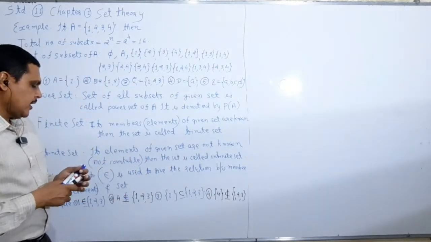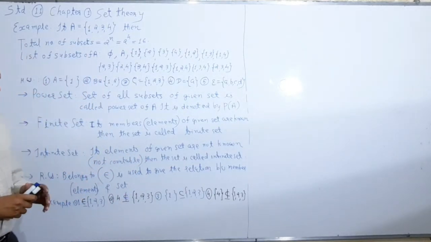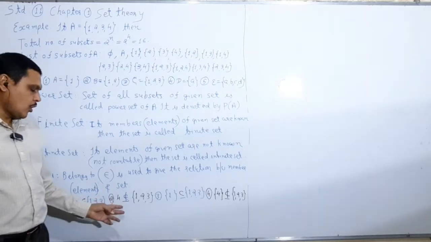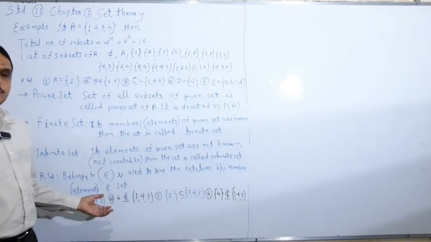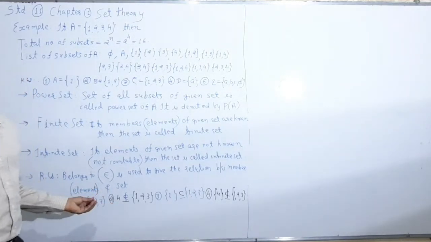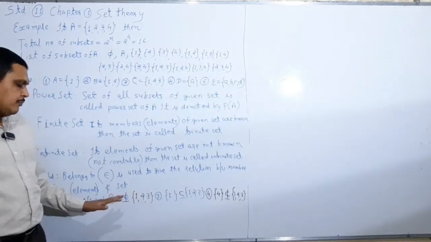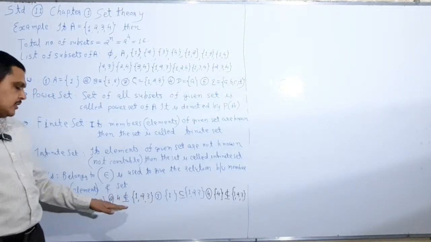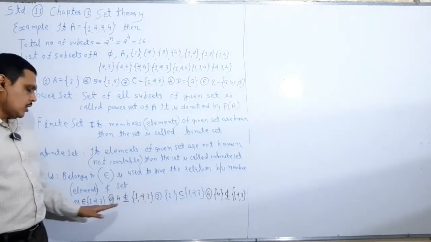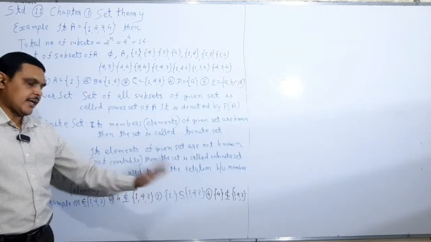In this way you can solve the sums of exercise 1.1 and 1.2 by using belongs to, not belongs to, subset and not subset.